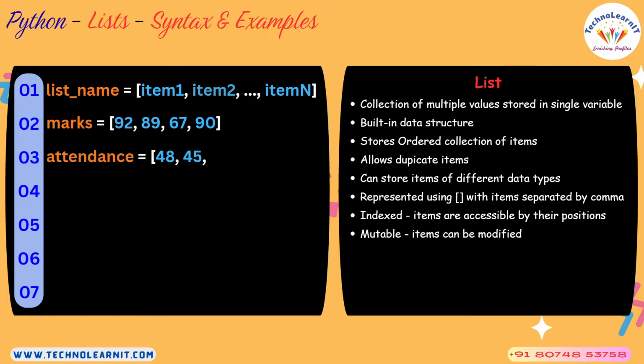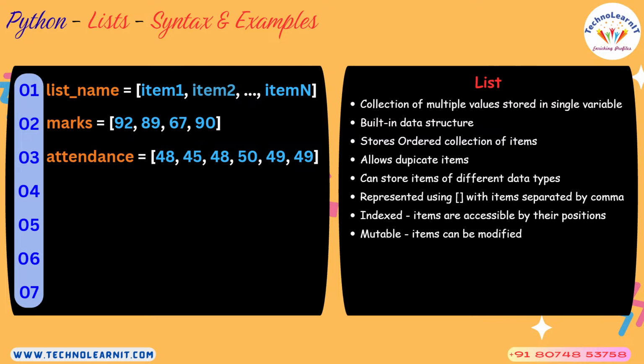Another example: what if you want to store the attendance of a class for a week, assuming it is 6 working days? Attendance here is the name of the list. 48 is the number of students who attended on the first day of the week. 45 is the attendance on the second day.